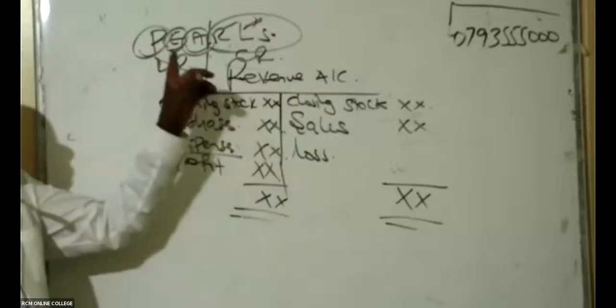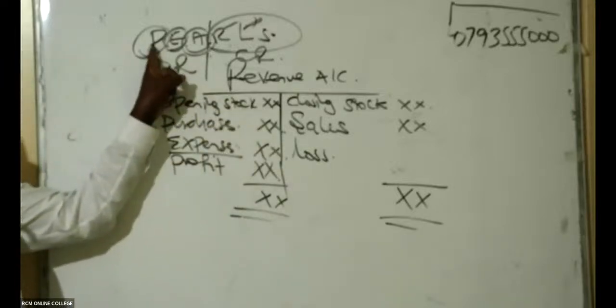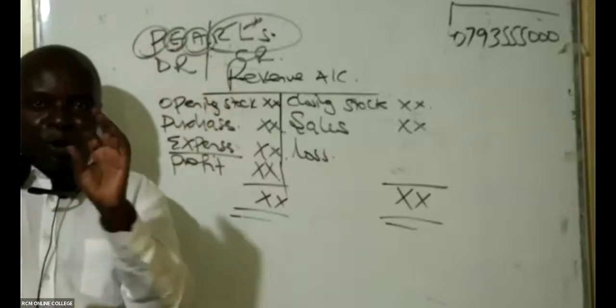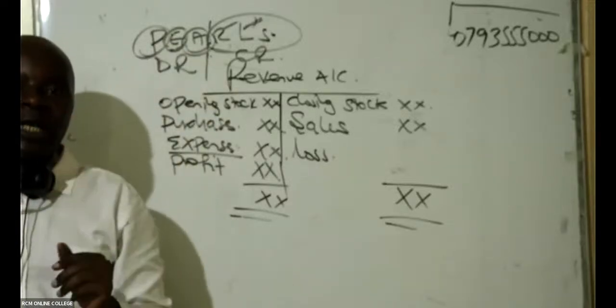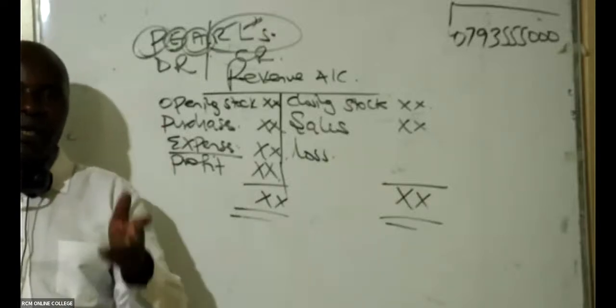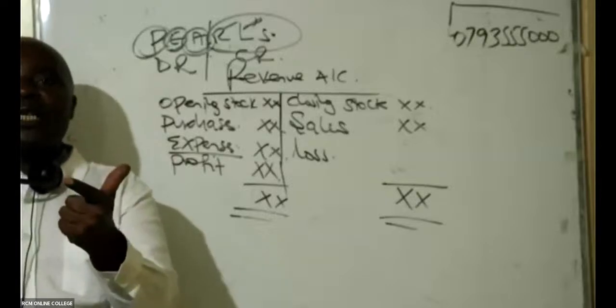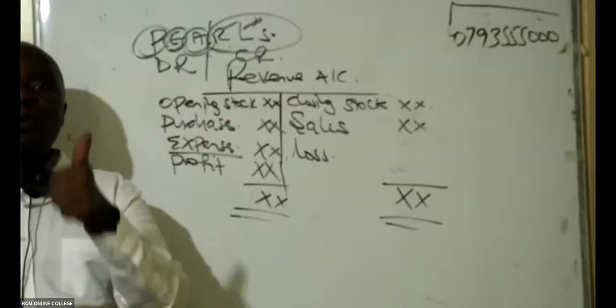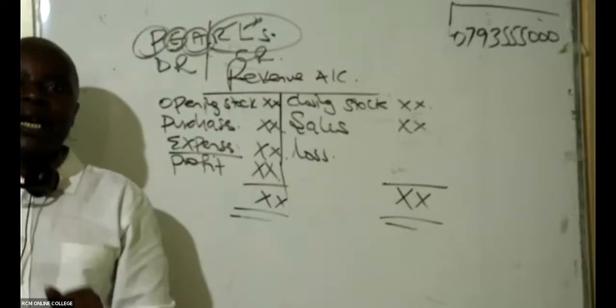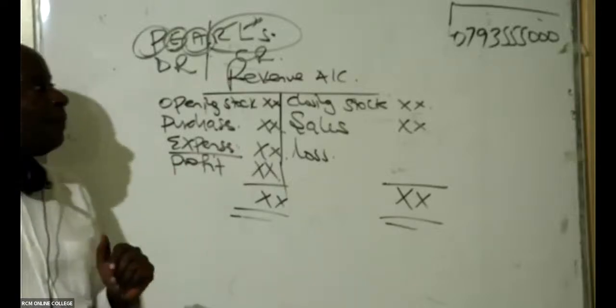I repeat: purchases, expenses, assets. Whenever you procure a motor vehicle, that's an asset for the company, you shall always debit. Whenever you incur, for example, insurance expense for your motor vehicle, you will open an insurance expense and debit it. Very, very important.